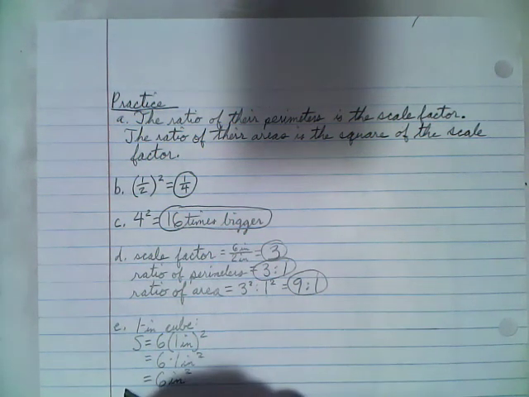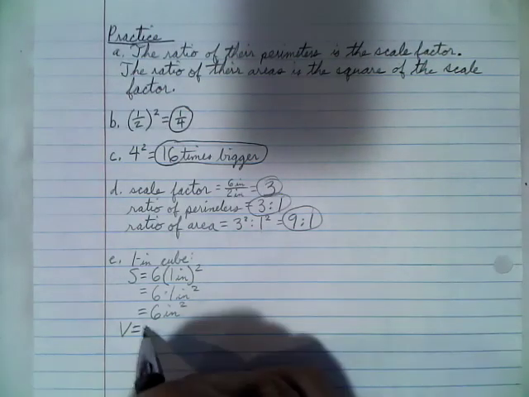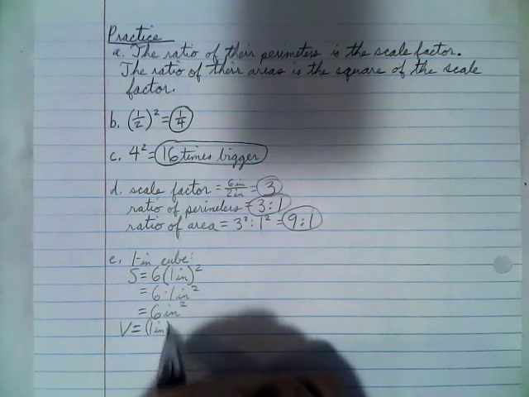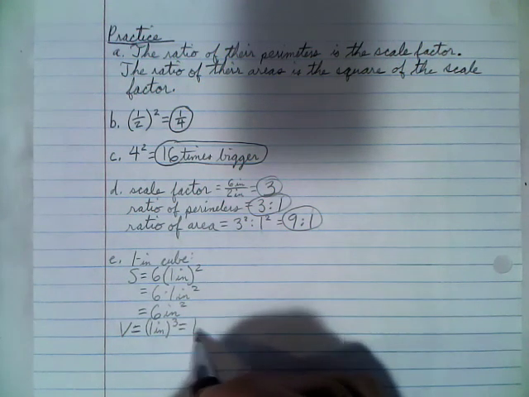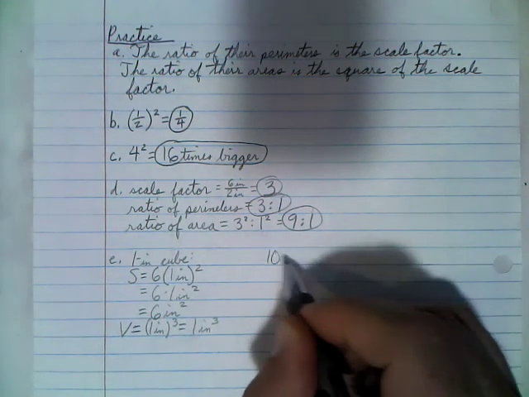The volume of this equals, there we go. Well, it's a cube, so just S cubed. So 1 inch cubed, or 1 cubic inch. Now we need the 10-inch cube.